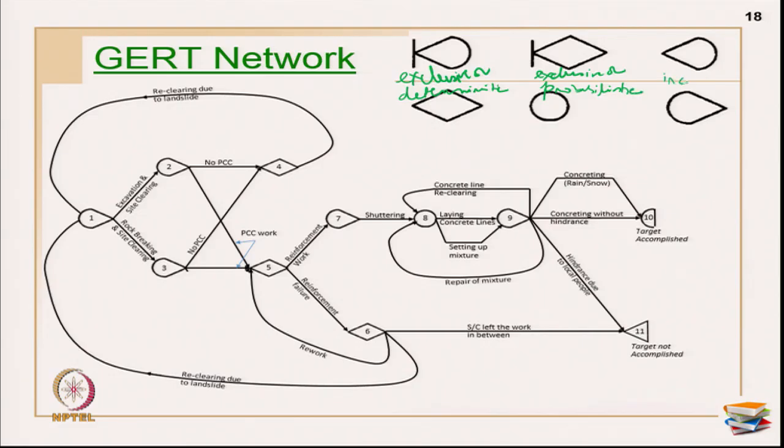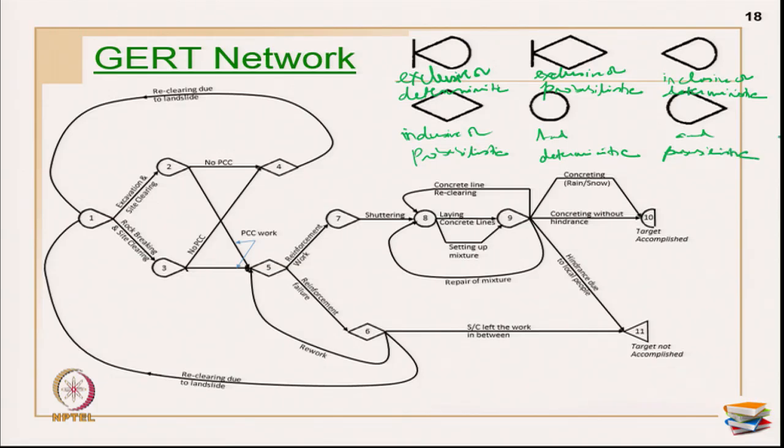This is inclusive OR deterministic. So, this is inclusive OR probabilistic, this is AND deterministic, this is AND probabilistic.